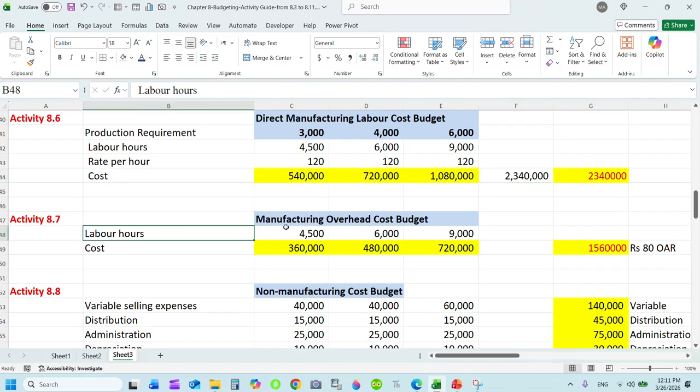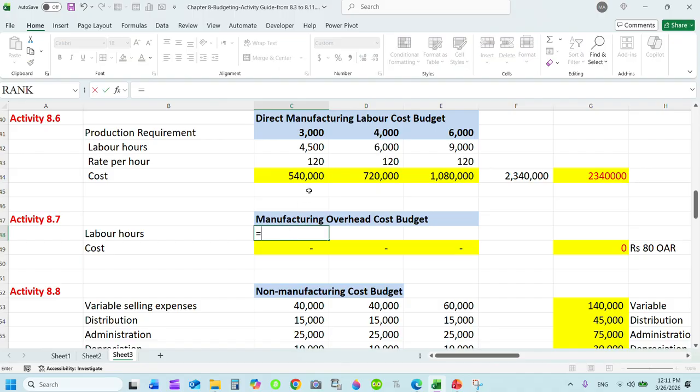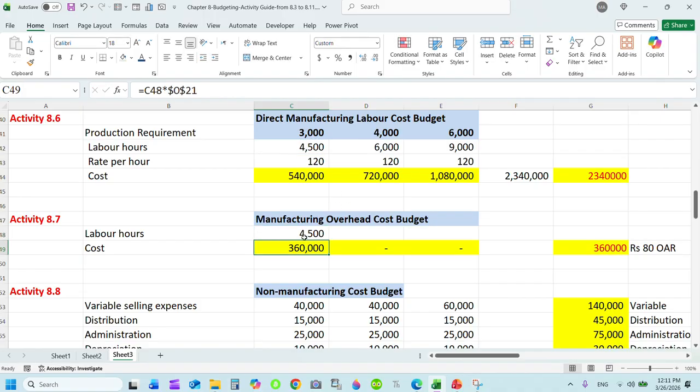So direct labor, how to decide? Direct labor we already computed. Our requirement is 4,500 for January, 6,000 for February, and 9,000 for March. Right, here we already computed. Then we know the overhead absorption rate is 80 rupee per hour.